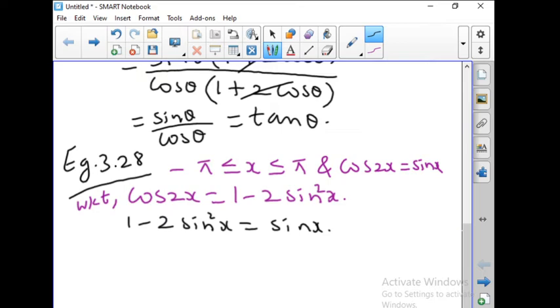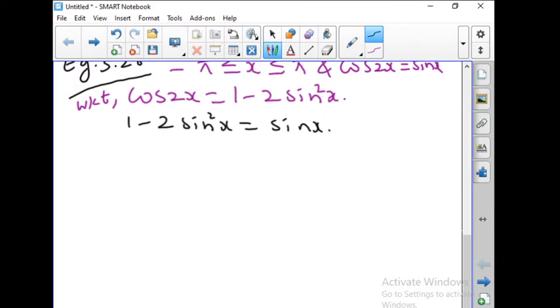Okay, now this is a quadratic equation in sin x. Therefore, we'll put this in order. That is, take the left hand side terms to the right hand side. So we get 2 sin square x plus sin x minus 1 is equal to 0.